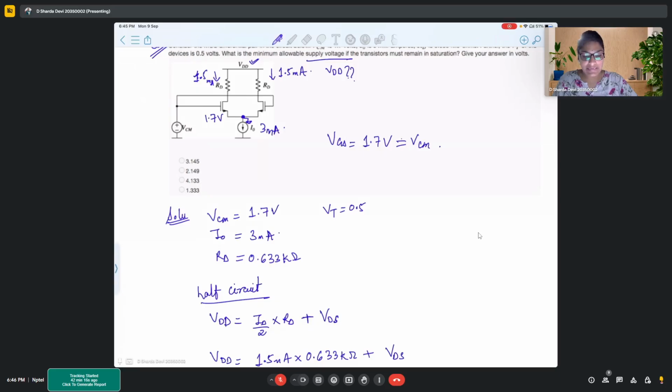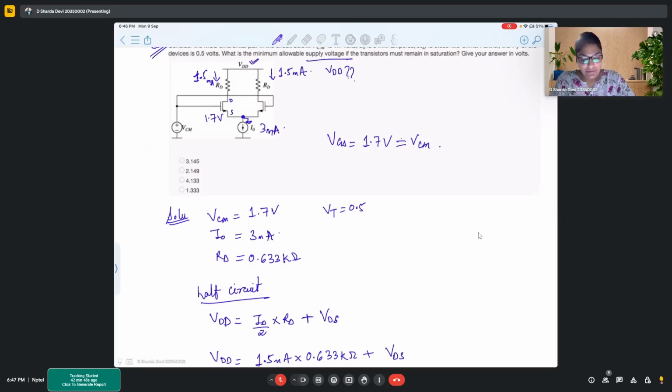Also, if you see under, there is this I naught. I naught is an independent current source. Considering that the independent current source does not drop voltage from VDD, at that point there is no voltage drop across your current source. So your VDD will be dropped across the RD as well as the VDS of your MOSFET.